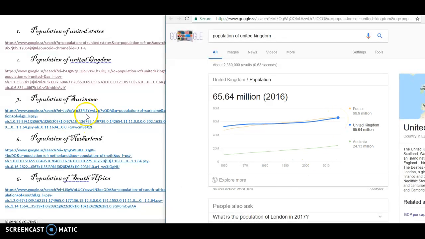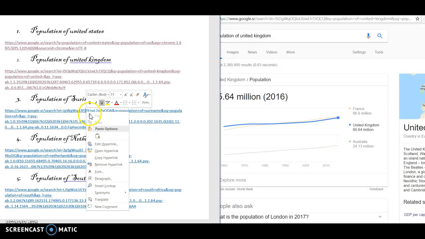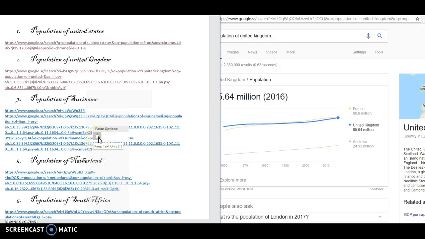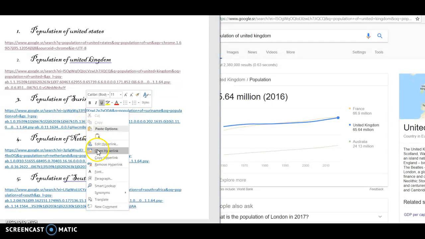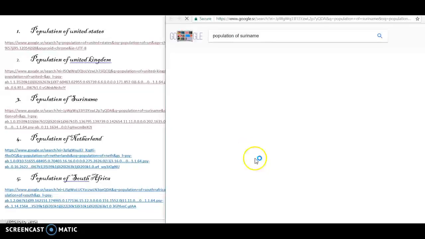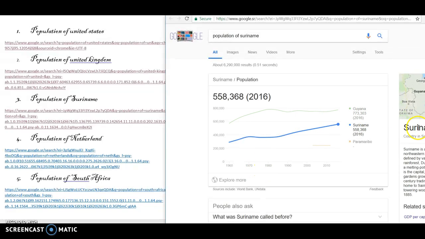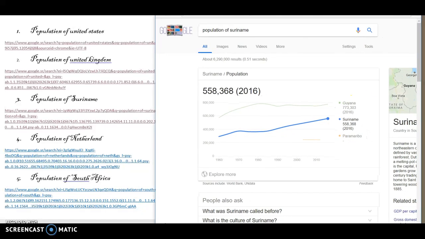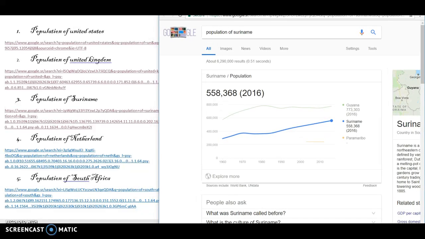And you can see Suriname. Now open hyperlink. Here we have Suriname. I think Suriname is the smallest of all the 5 countries.